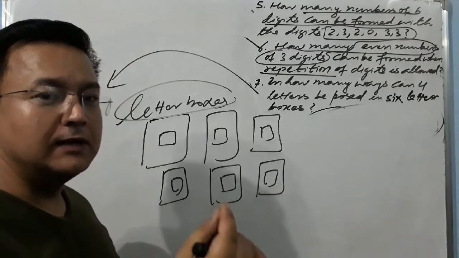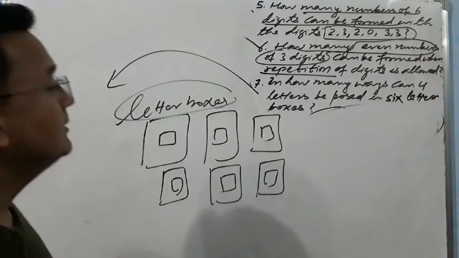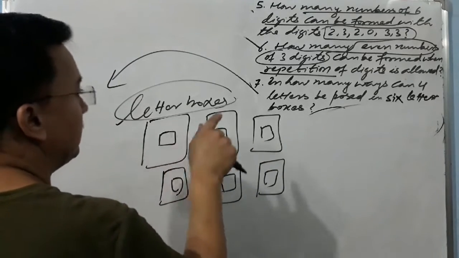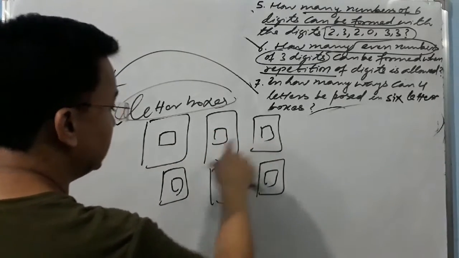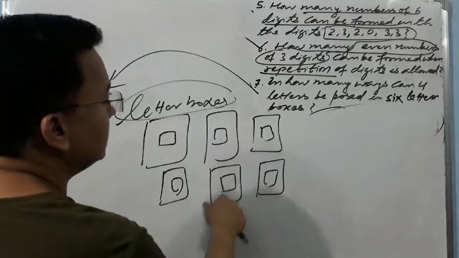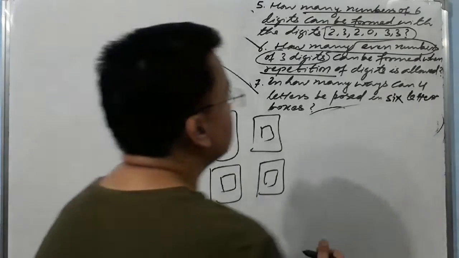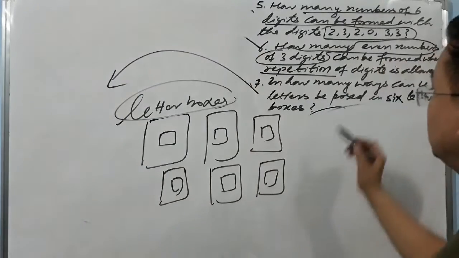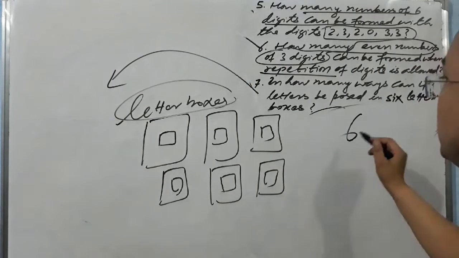One letter you can post anywhere, there is no restriction. You may post it here, or here, or here. So for one letter, in how many ways can you post? Six ways. The first letter can be posted in six ways.